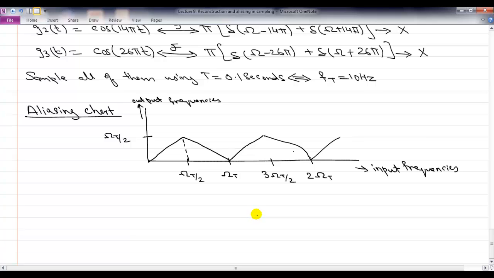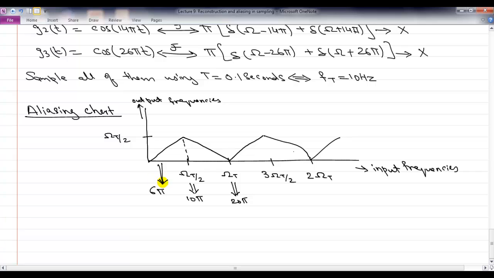So you have this relationship that no matter where you are, your output frequency is always limited at omega t by 2. How you calculate that is you find the region in which your input frequency lies. In the first case, for example, we had a frequency of 6 pi. Our omega t by 2 was 10 pi, and our omega t was 20 pi.